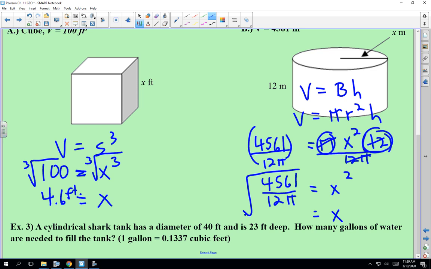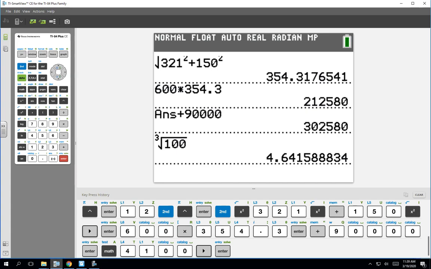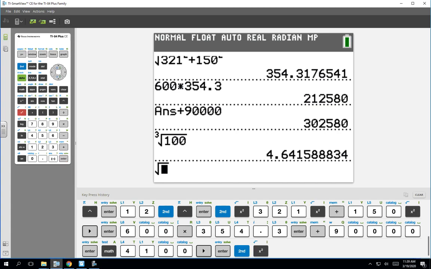So on my calculator, I'm going to type in square root of 4561 over 12 pi. So we hit second, and then the x squared button, square root, 4561 divided by, oops, not times, divided by. And then what we want to do is in parentheses put 12 pi.